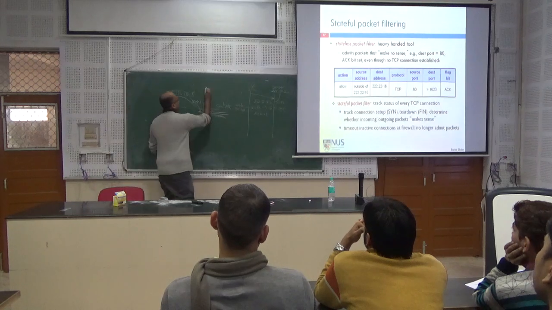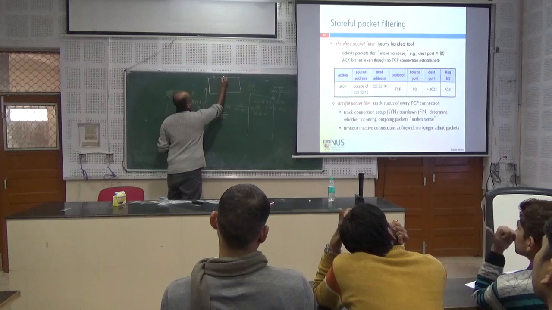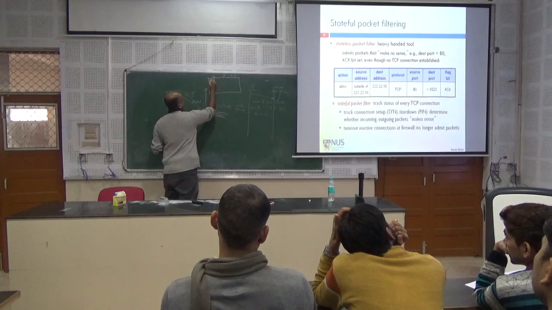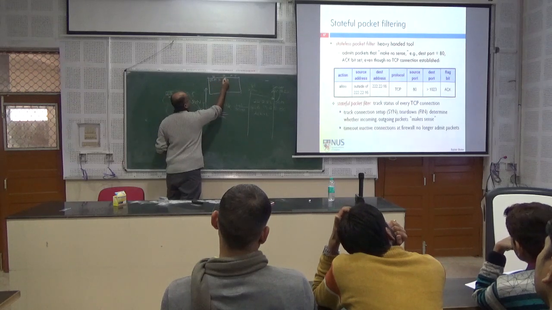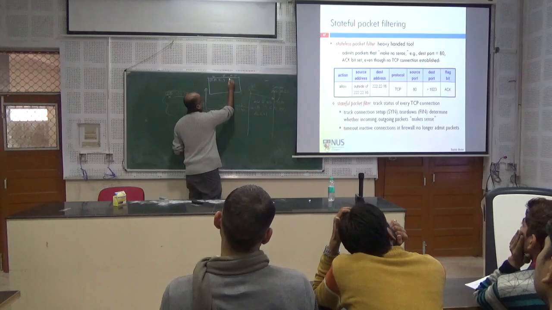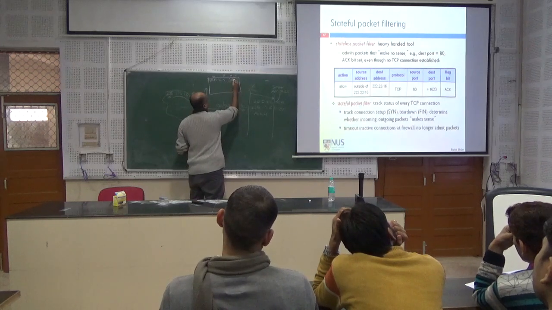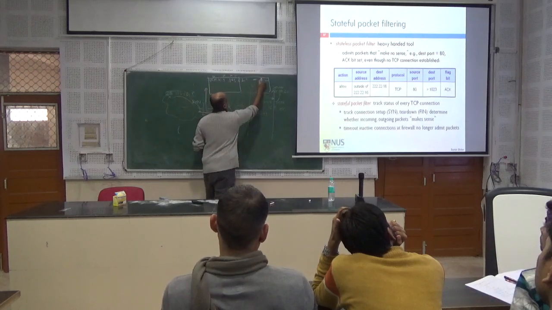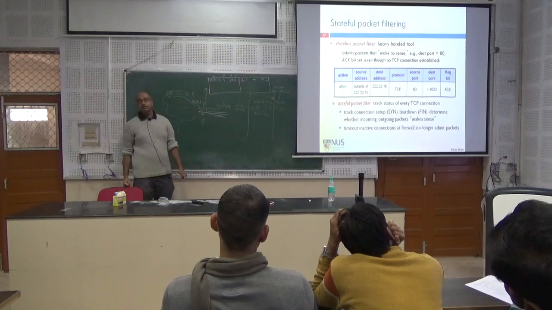What this firewall has to do is, it has a table which says source, destination, port, port. It will say 128.113.16.5 tried to establish a connection with, let's say, 143.6.2.1 and whatever port numbers are there. It will maintain a table like this.